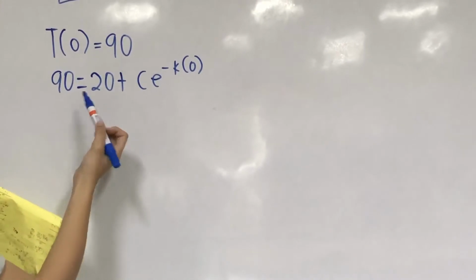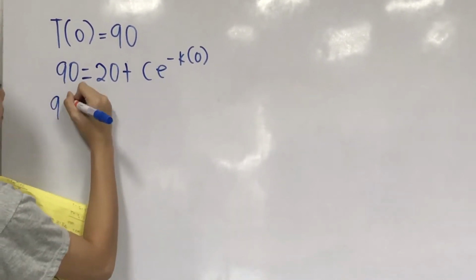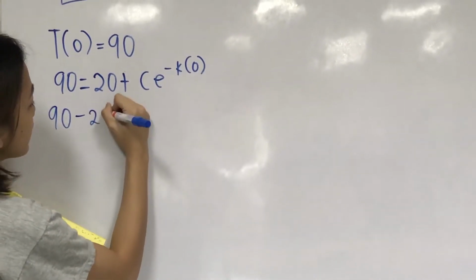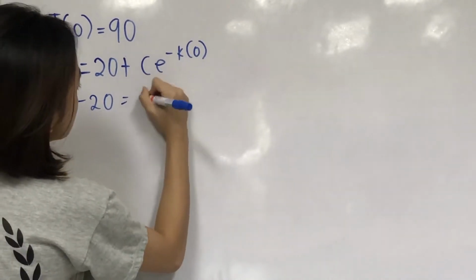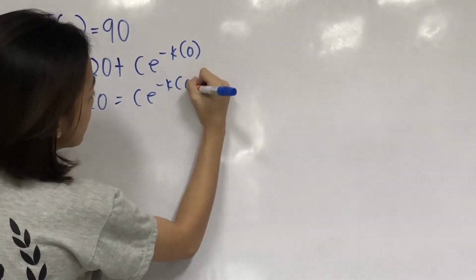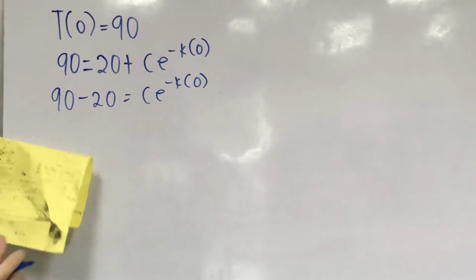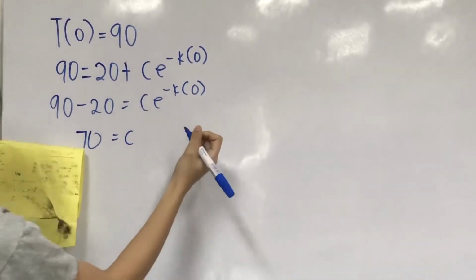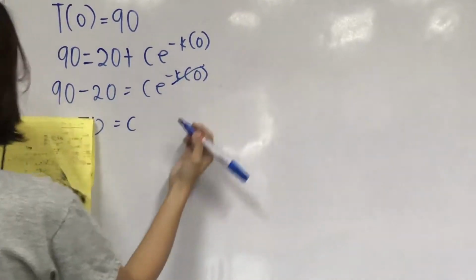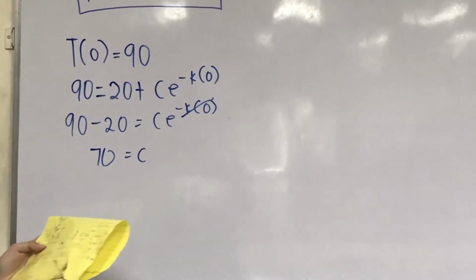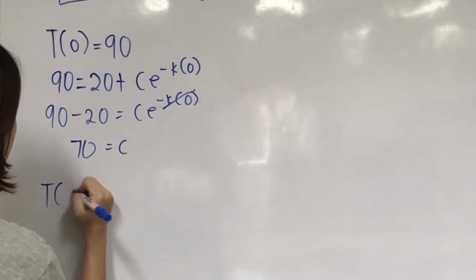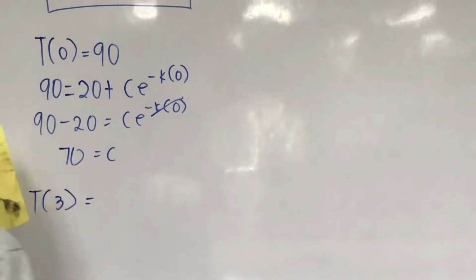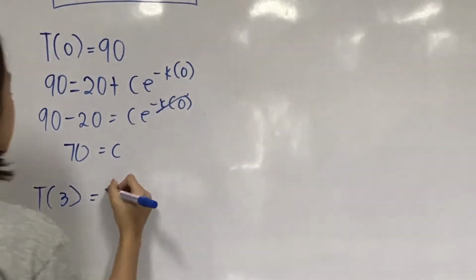Transposing the 20, we get 90 minus 20, which is C times e raised to negative k times 0. We will get 70. So after 3 minutes, the soup cools down to 70 degrees.